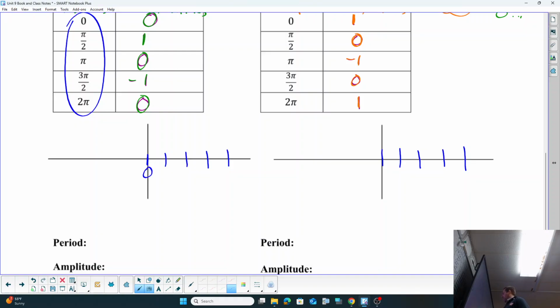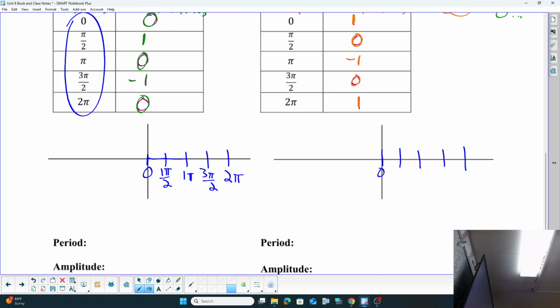So we go 0, then we go all the way to 2 pi. What's half of 2 pi? 1 pi. What's half of 1 pi? Pi over 2. So that's the distance. So we go 1 pi over 2, 2 pi over 2, 3 pi over 2, and then 2 pi.